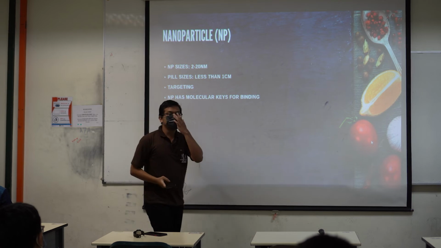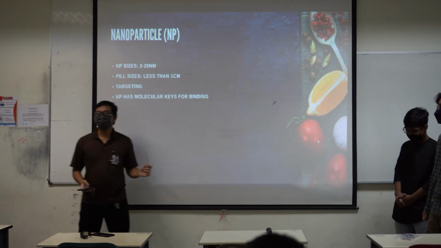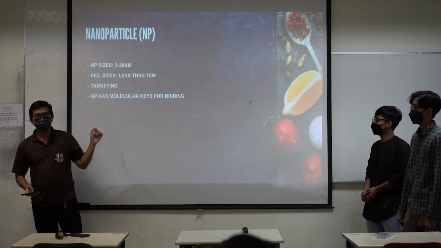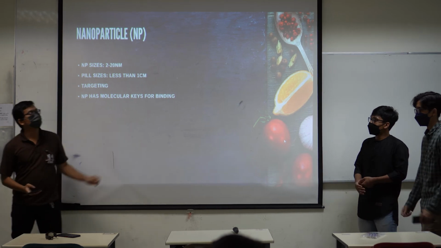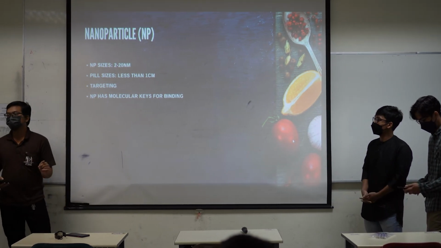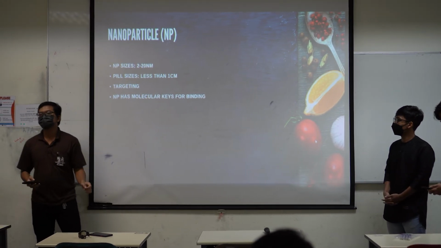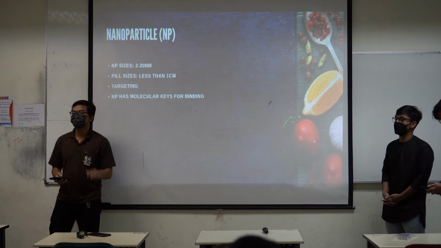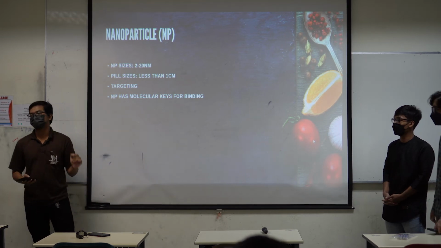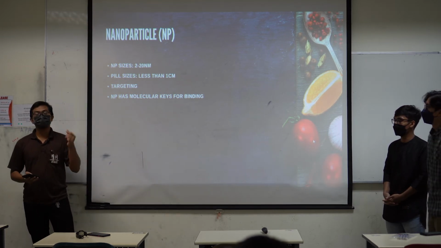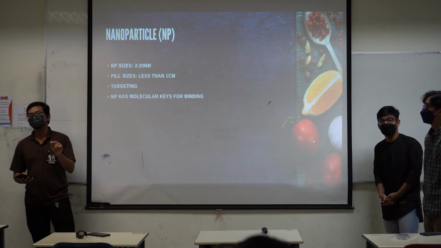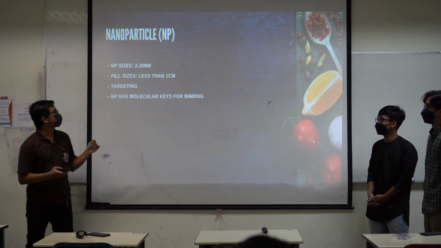So allow me to expand more on nanoparticles. A nanoparticle as a carrier has sizes between 2 to 20 nanometers. A pill, however, is less than 1 cm. A drug molecule is even smaller than a nanoparticle, so scientists can fit many drug molecules in the nanoparticle.